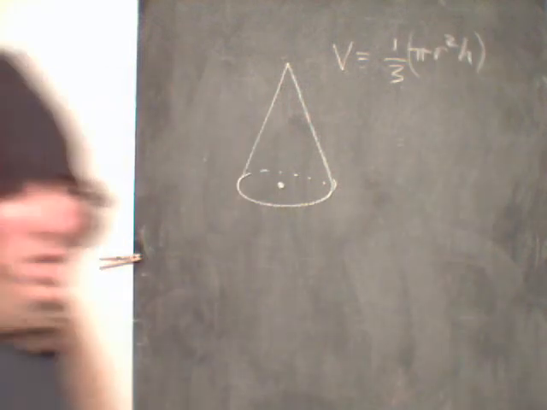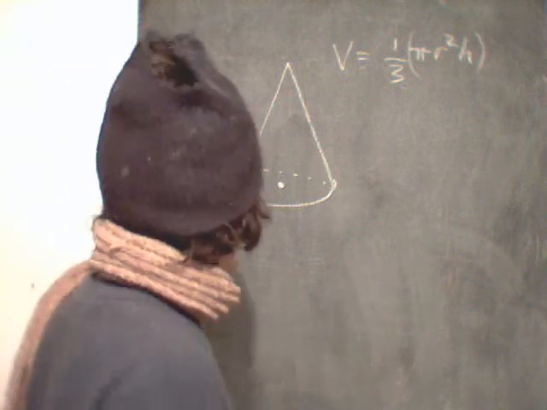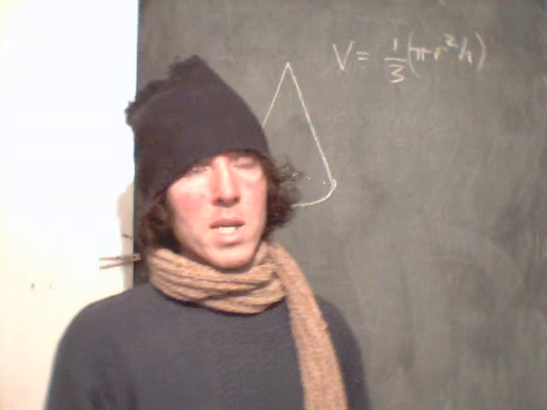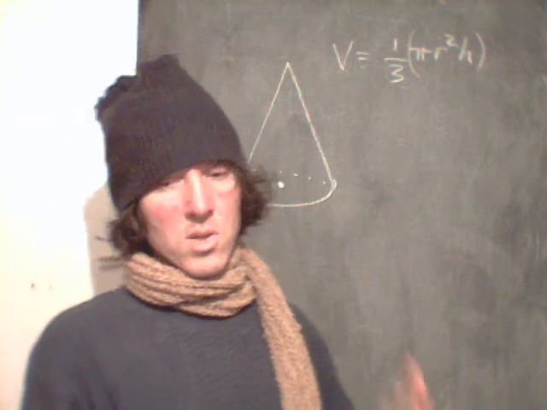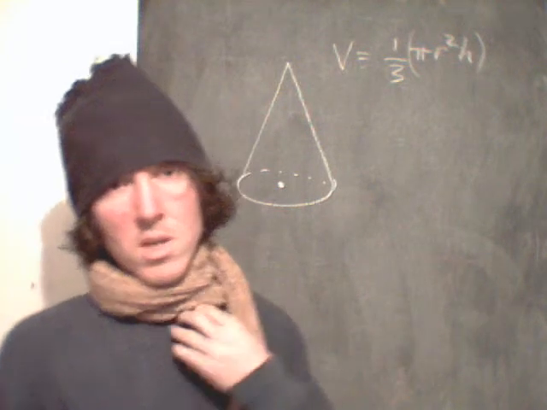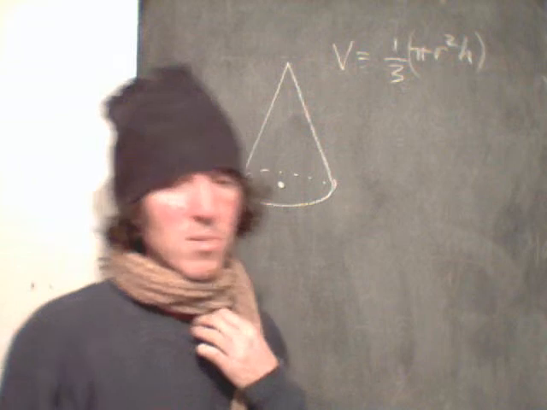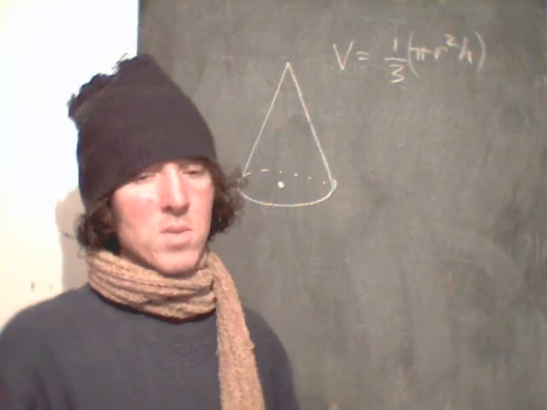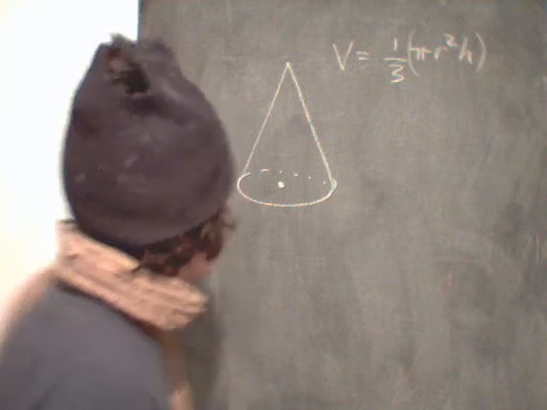But what if you forgot, or you wanted to make sure? This is not really a problem per se, but we're going to use calculus to derive the volume of a cone. And this is a legitimate problem, because you'll be using integral calculus to calculate volumes.